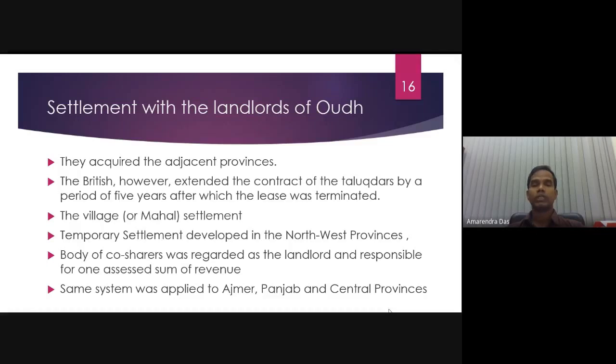So the co-sharer was regarded as the landlord and responsible for one assessed sum of revenue. So they paid the fixed amount of revenue to the British. And the same system was also applied to Ajmer, Punjab, and the central provinces.